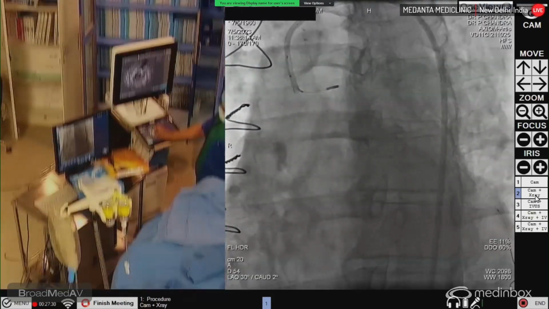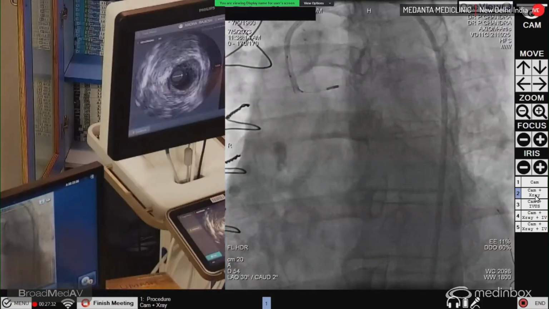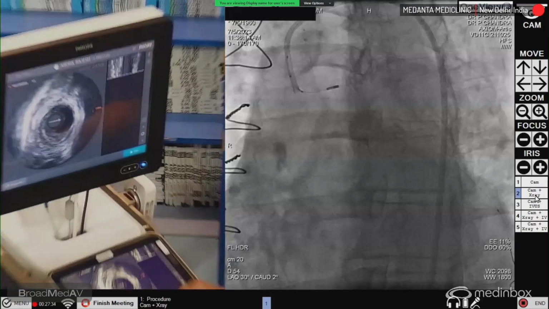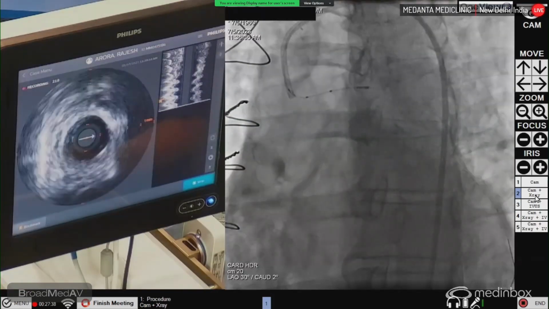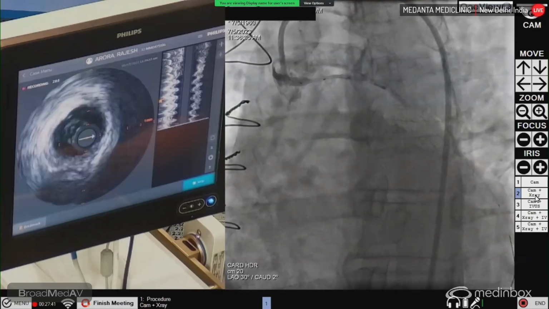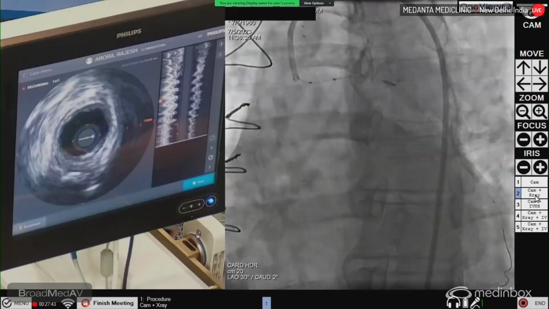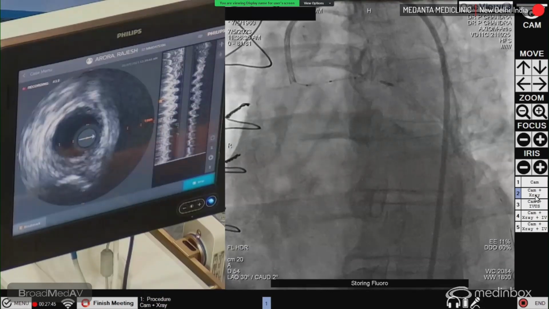Okay. Plaque burden is high. So this is quite a lot of degeneration here. Distally, this is the size. Can you check? 3.5. Fluorosafe, please.